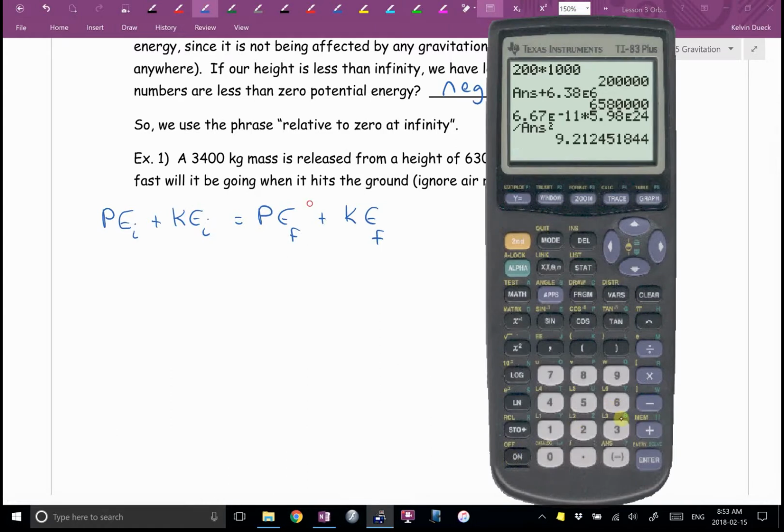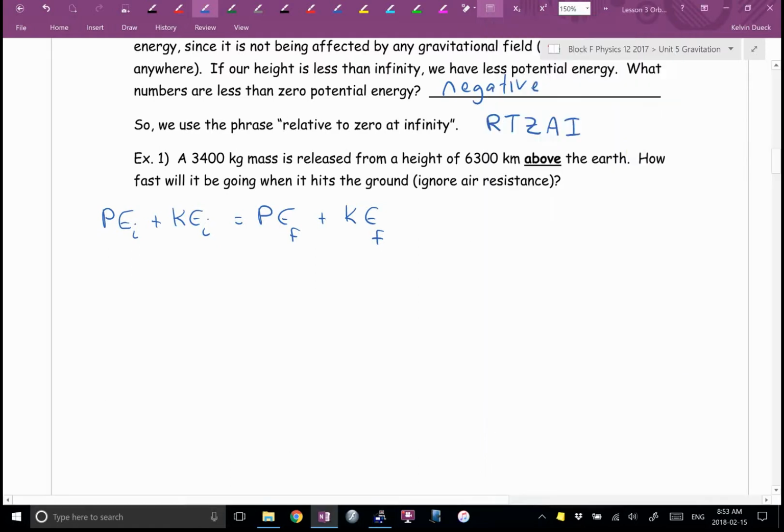I should have said 6,300 times 1,000, which is 6.3 times 10 to the 6th. I'm going to cross this out and replace it with 6.3 times 10 to the 6th meters. I do that anytime I see yucky units, so that I don't foolishly plug in the wrong thing later when I'm in a rush.